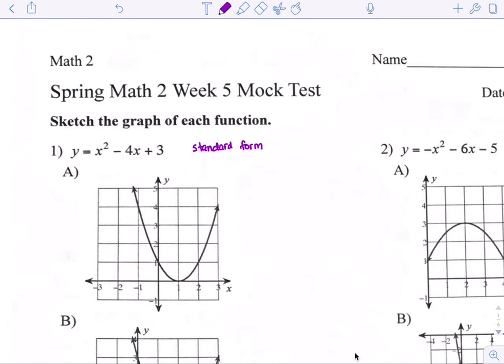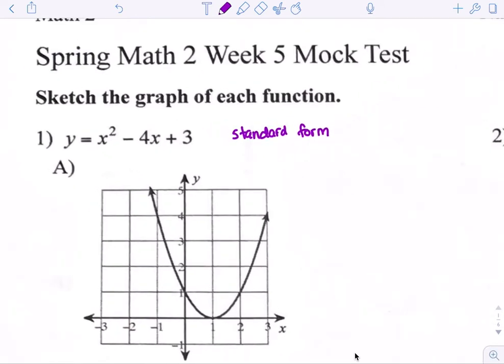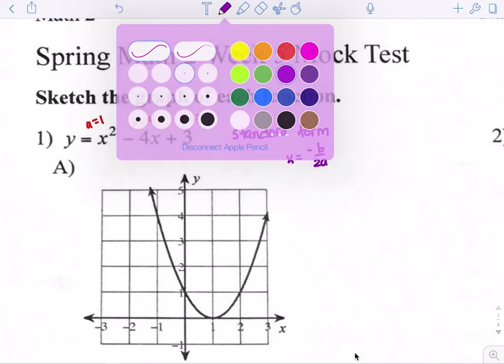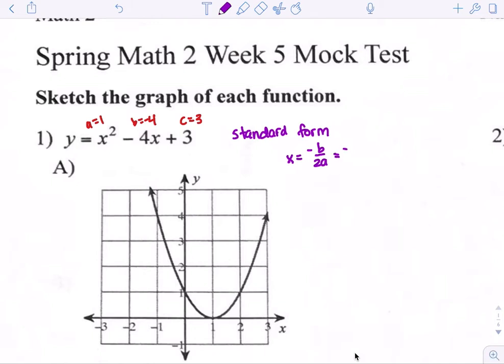So why not just find your guys's vertex? So x is equal to negative b over 2a. Your a value is 1, your b value is negative 4, and your c value is 3. So we got negative of negative 4 all over 2 times 1.